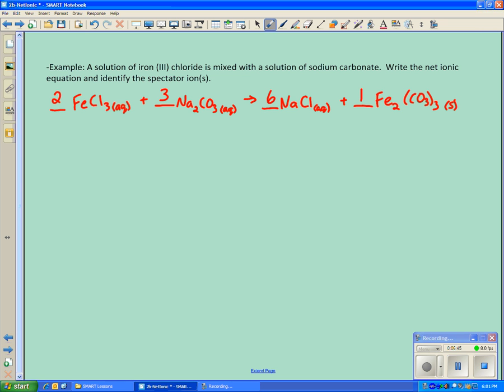Now we can split up any of our aqueous species, so all the things that dissolve. So on the left-hand side for the reactants, we now have 2 iron 3 ions and 6 chloride ions, 6 sodium ions and 3 carbonate ions.